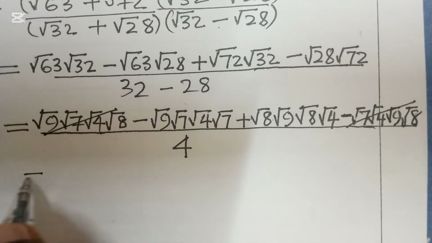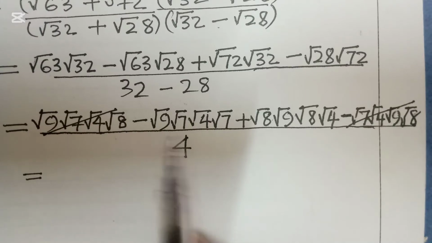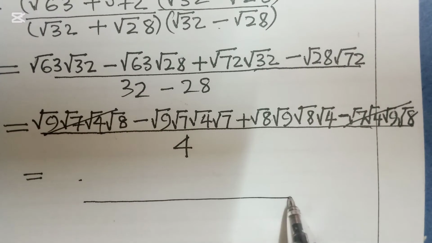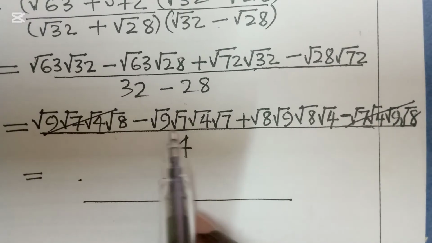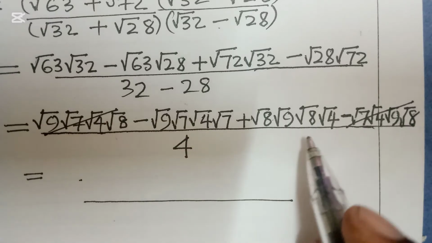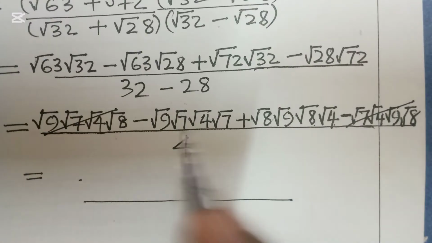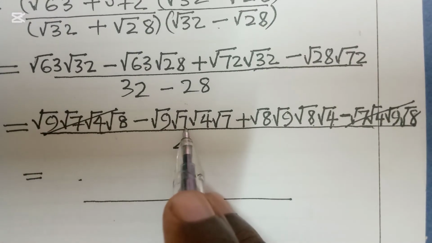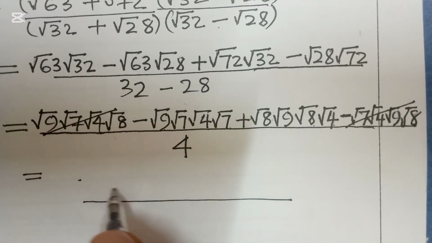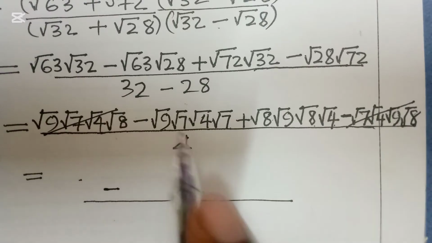So from there we can now add these. Maybe I can write a line there. Then we check the ones that are similar. For this one, we have 8, 9, 8, 4. We have 9, 7, 4, 7. So what we can do is write negative. This one we can reduce.